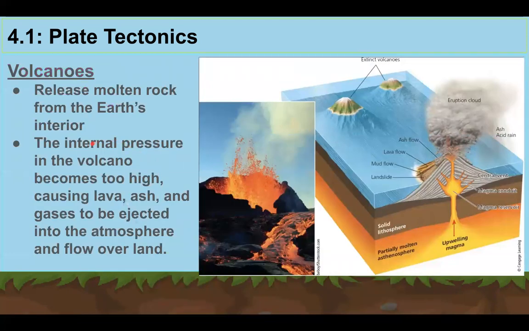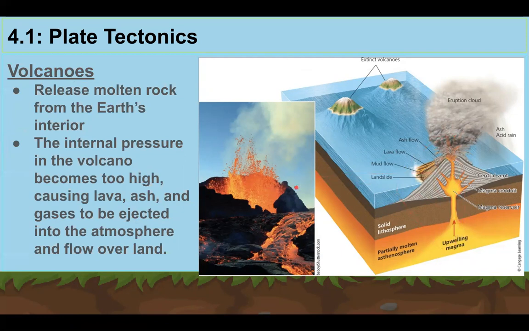All right, so a little bit of information about the three possible natural disasters that can be associated with the movement of these plates. First, we have volcanoes. Again, remember that this is typically associated with the convergent boundaries, when one plate is pushing down on the other and resulting in a displacement of the magma up through the volcano.